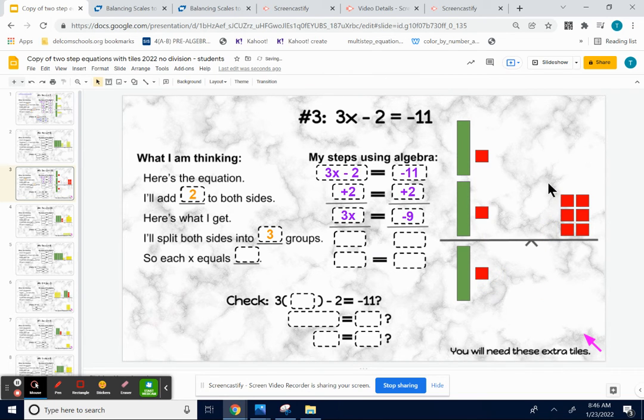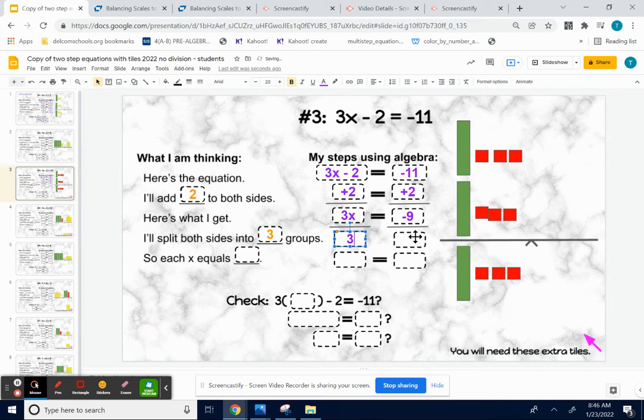I can tell that I have 6 more, so I'm going to give 2 more to you, and 2 more to you, and 2 more to you. I want to split these up equally. So what I did, I split each side up into 3 groups. I need to show it by putting a 3 underneath the fraction bars.